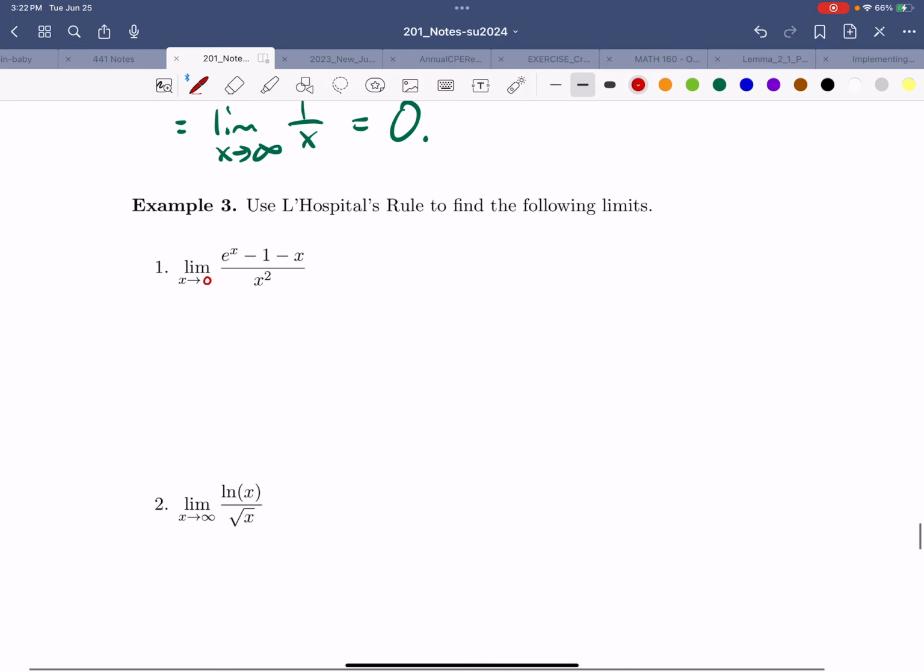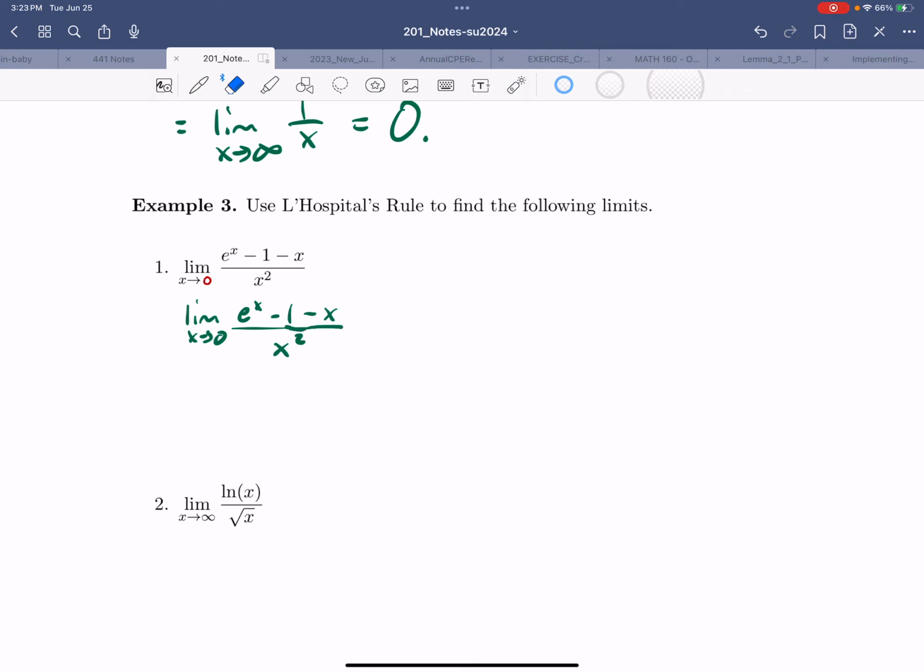So anyway, we have this: limit as x approaches 0, e to the x minus 1 minus x. Again, if you're taking Calc 2, then you might see this problem again. I hope you do, because when you do, you'll be learning it in the context of something called Taylor series or Maclaurin series.